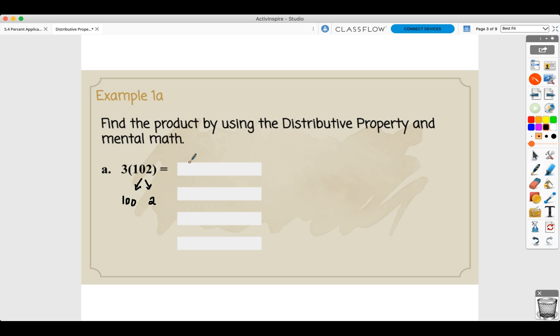Now what the distributive property is saying is that 100 plus 2 is 102, and you are multiplying that 3 to 100 and that 3 to 2. So 3 times 100, you can do this mental math. You don't need a calculator for this. It's going to be 300. And 3 times 2 is 6. That's easy to do mentally, and the addition of these is simple too. 300 plus 6 will give you 306.